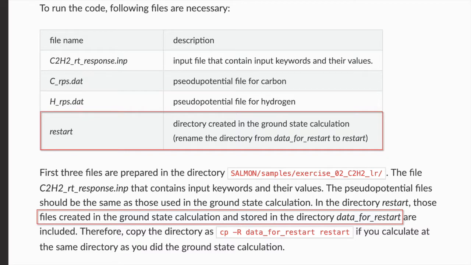It would contain data such as the orbital function of the ground state. Copy the directory as a whole to the exc2 directory and alter the directory name from data_for_restart to restart.